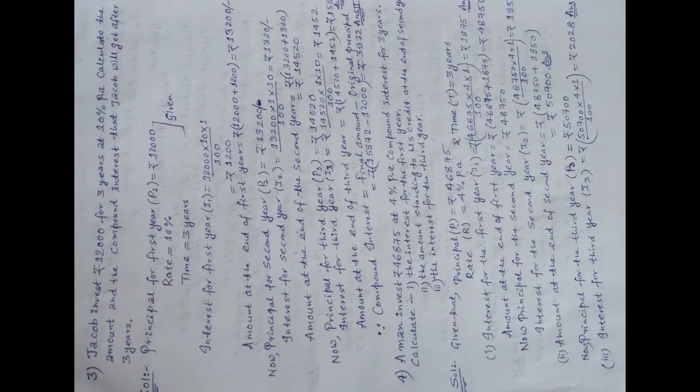When you move on to exercise 8.2, you calculate compound interest with the help of the formula final amount minus original principal.